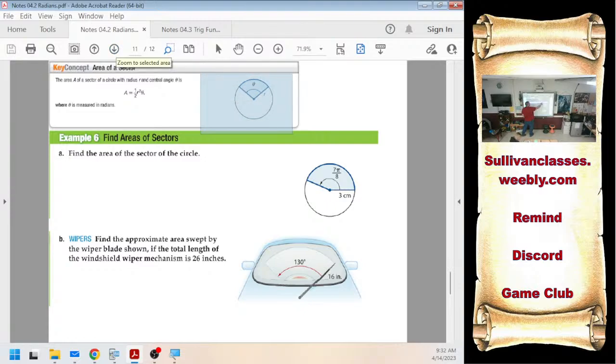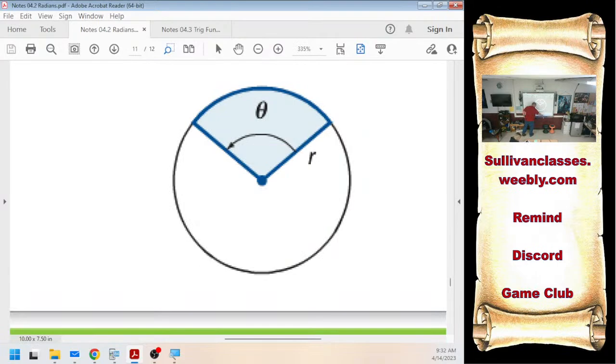We did arc length was part of a circumference. So sector area, very similar. The area of a circle is pi r squared. So if I knew that this was x degrees, back in geometry, I would say, well, if I've got like 90 degrees out of 360 degrees, I know what portion of the circle I'm dealing with.